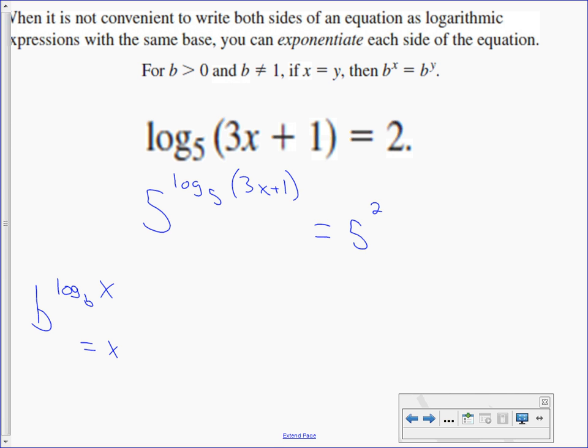By doing that to both sides, this base and this base simplify themselves out, and you're left with 3x plus 1 is 25. Remember, the rule is base to the log base just leaves you whatever the junk left of that x value.